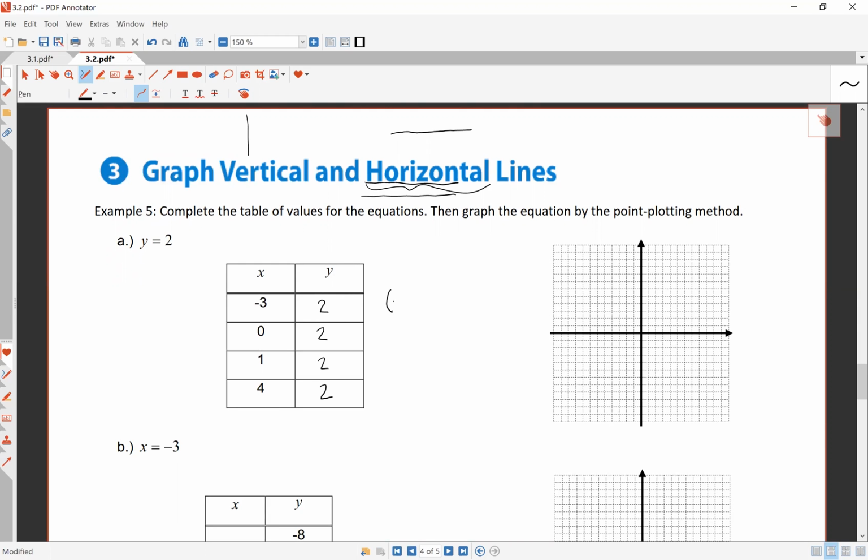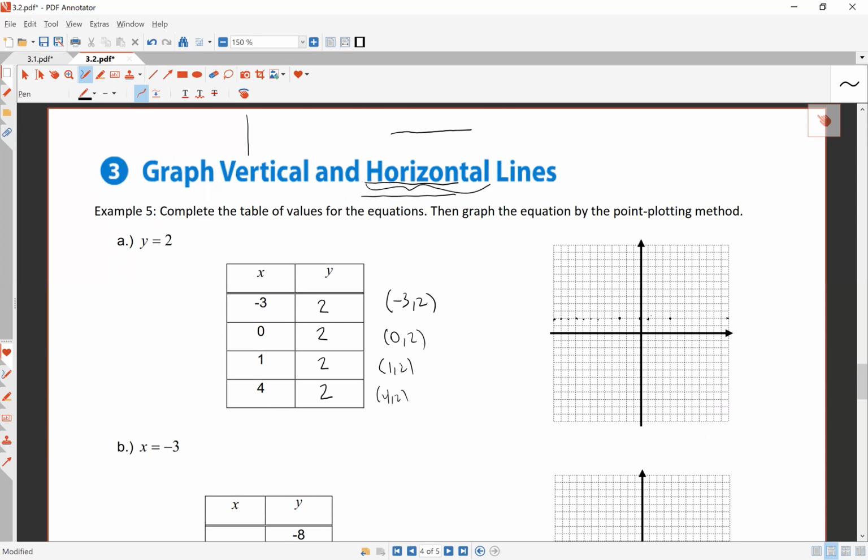When we plot a couple of those points where y must always be 2, we see that they start to take the shape of a horizontal line. So if y is 2, we're going to always be 2 units above the x-axis.